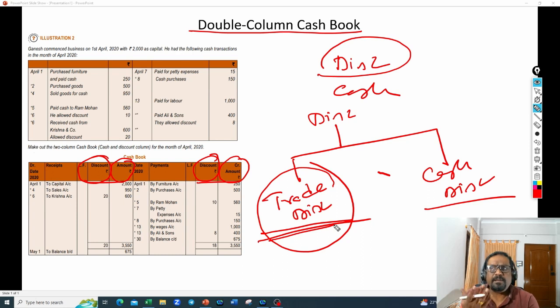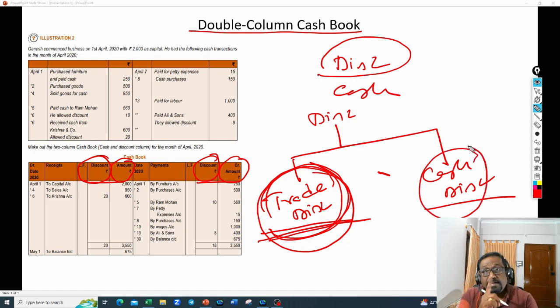By the time you negotiate and prepare the invoice, the discount is already removed. So you don't need to show it, because your invoice or your PO, whatever it may be, will show the amount after trade discount. You don't require to show trade discount in the books of accounts.